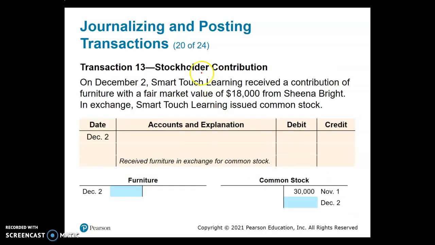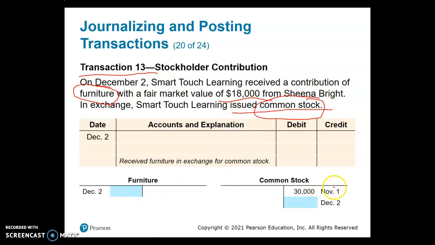Okay. All right, transaction number 13, December 2nd, Smart Touch Learning received a contribution of furniture with a fair market value of $18,000 from Sheena Bright. In exchange, Smart Touch issued Sheena common stock. So we've got furniture and common stock.